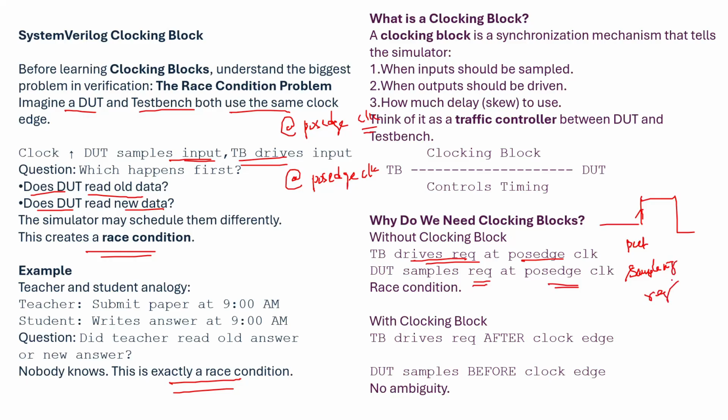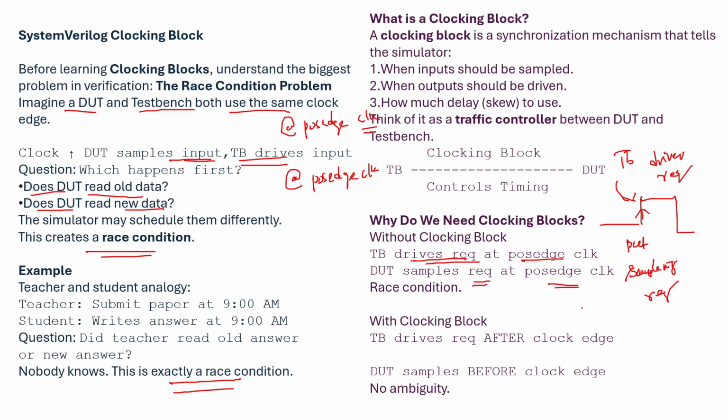That means the TB is giving input to the DUT and the DUT is producing output at the same time. Is that possible? Not possible, right? Then a race condition may occur.